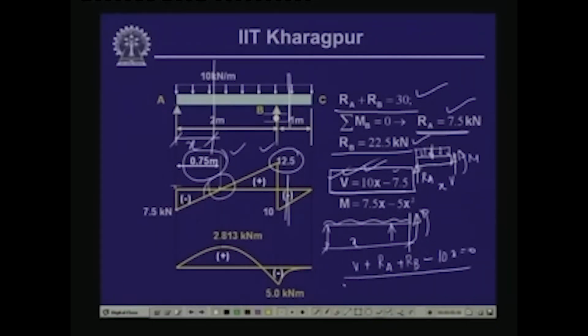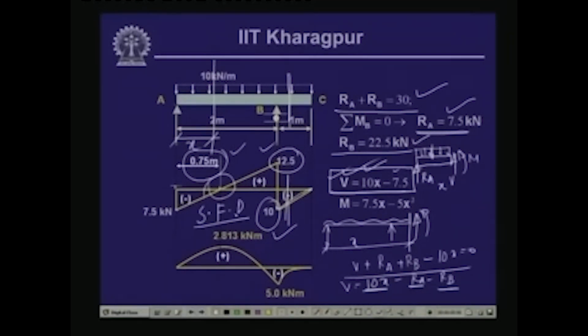So shear force V equals 10x minus RA minus RB. Here x is 2, so this is 20 minus RA, RA is 7.5, so this is 12.5, and RB is 22.5, so this is 10. We get a positive value of shear as 10. So from positive 12.5 to negative 10 it comes, and then again here it becomes 0. This is the variation of the shear force, and this is the shear force diagram for this particular beam.